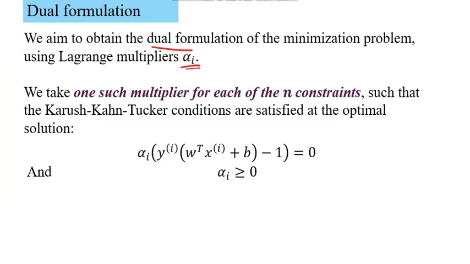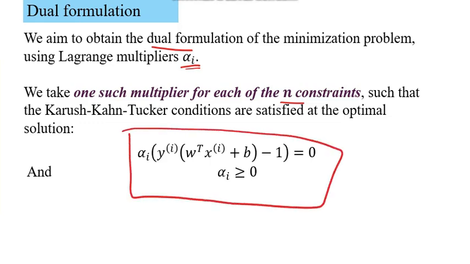So these Lagrange multipliers alpha i, one each for the n constraints, we take such that the Karush-Kuhn-Tucker conditions are satisfied at the optimal solution, which is these two conditions: alpha i multiplied by the constraint equal to 0, and all the alpha i's are greater than or equal to 0. I'm sorry, this should be Karush-Kuhn-Tucker conditions, satisfied at the optimum.